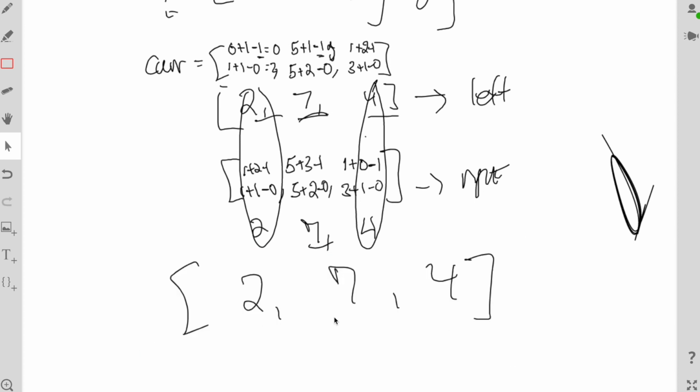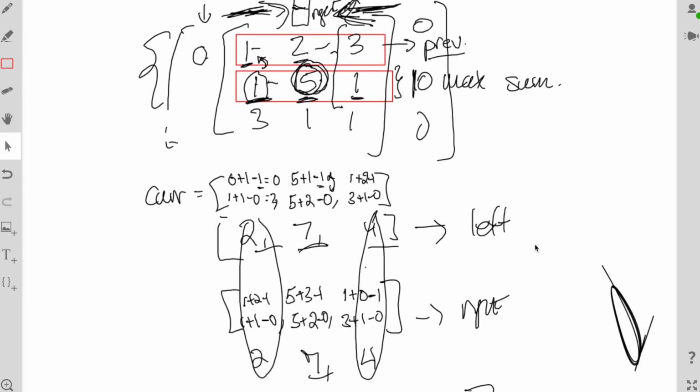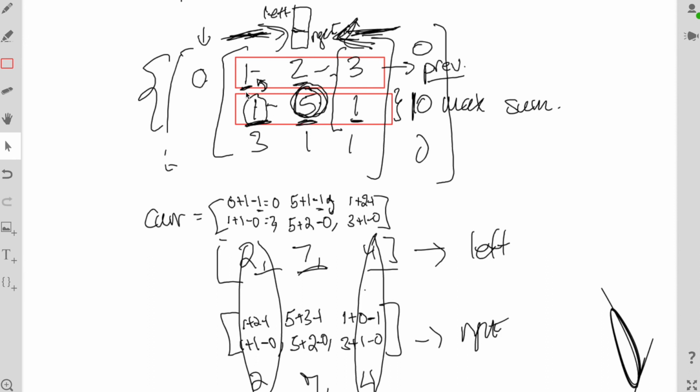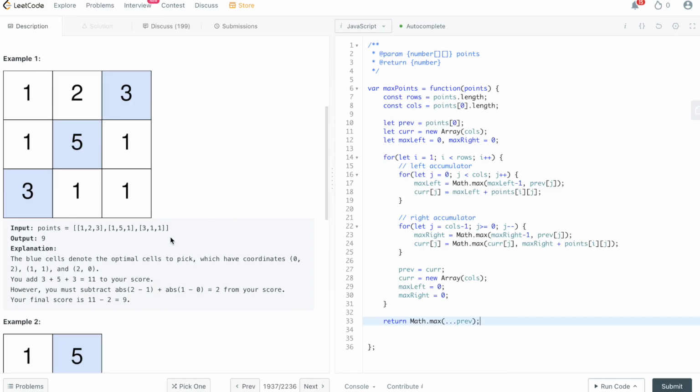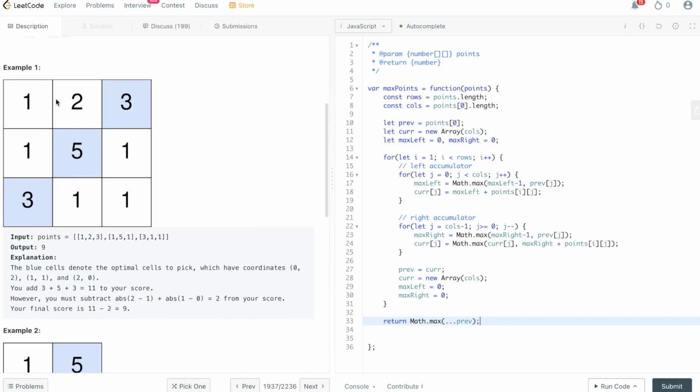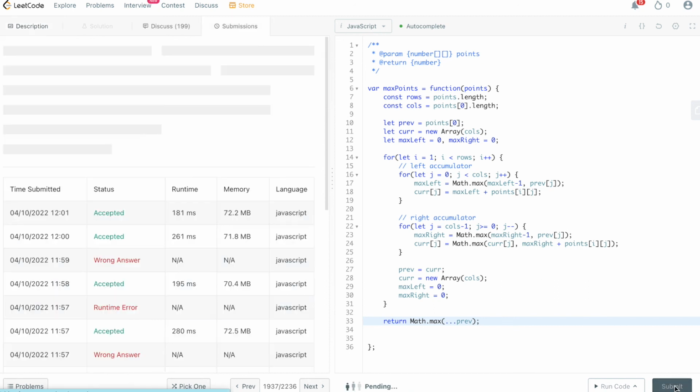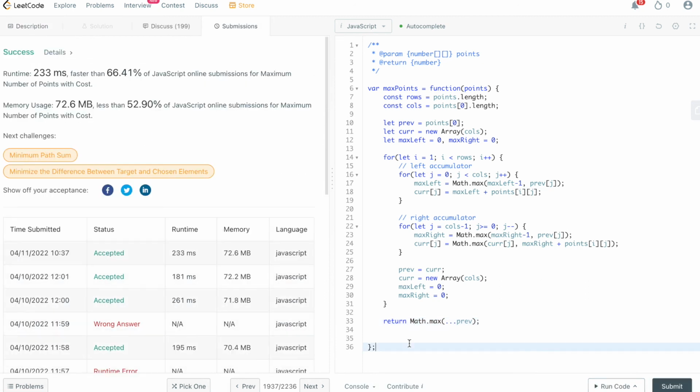We'd want to find the max value. So it'd be 7 here. And that would be the maximum possible sum, the maximum number of points. And that makes sense if you look at the original solution. If it's just 1, 2, 3, 1, 5, 1, the maximum would be 7, because take a look at these values. It'd be 5 plus 2 is 7, or a combo of 5 plus 3 minus 1 would be 7. So let me submit this, right?